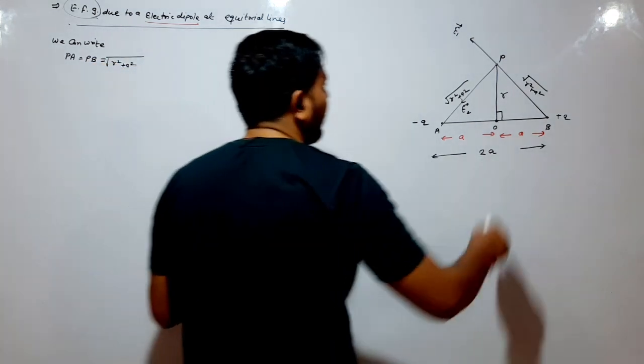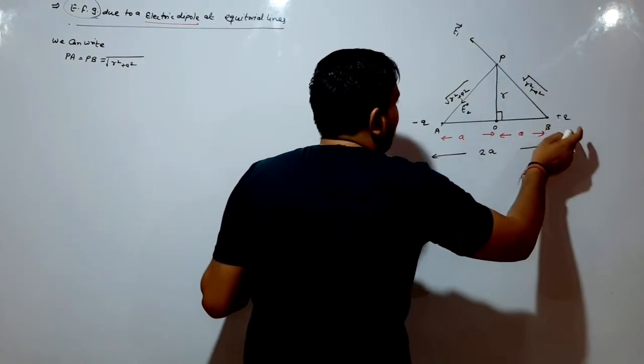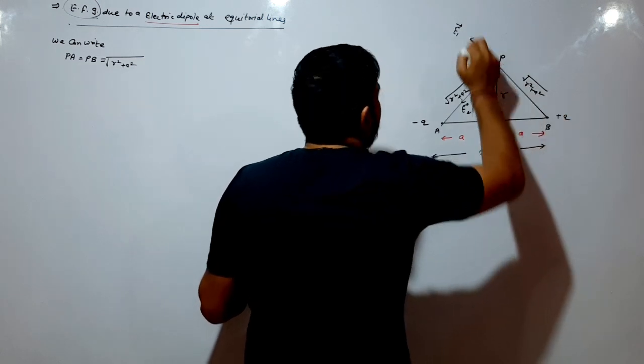We have to calculate electric field intensity at this point P. So we take the electric field due to plus q charge as E1.